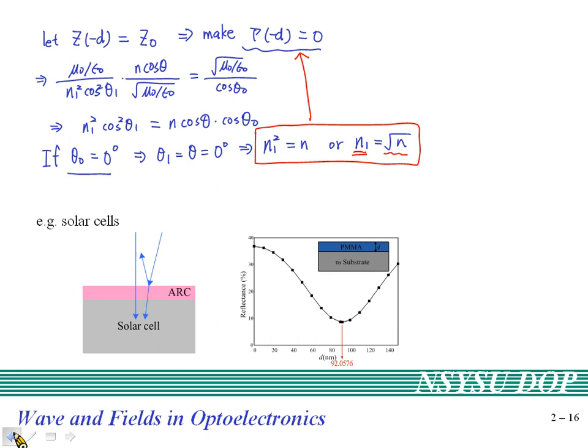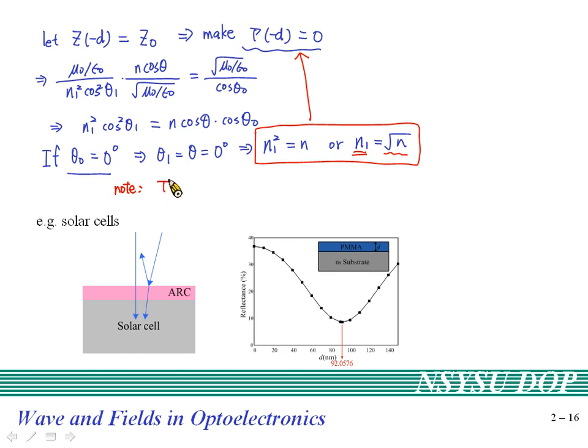Besides, please note that this condition is only for normal incidence, for the incident angle of 0. But the reflection will increase with respect to the incident angle.